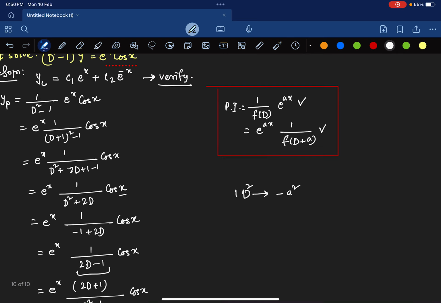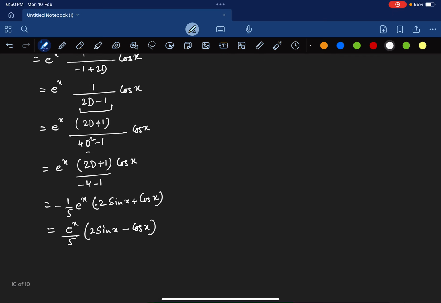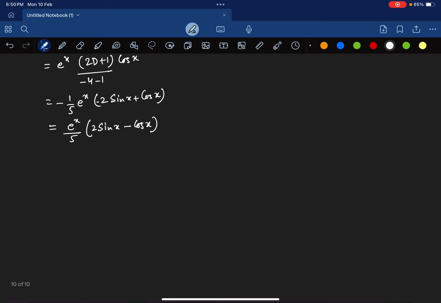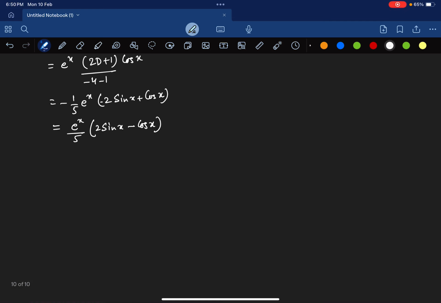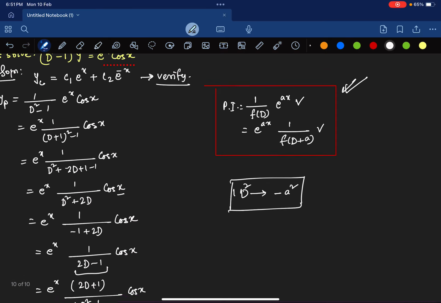So you can observe here, basically you are applying this formula in the initial step, but later on you are applying the formula for the sine function, that is replacing D square by minus a square. So this is how we can solve this type of question, and you should practice. So the final solution, that is the general solution, is given by yc.